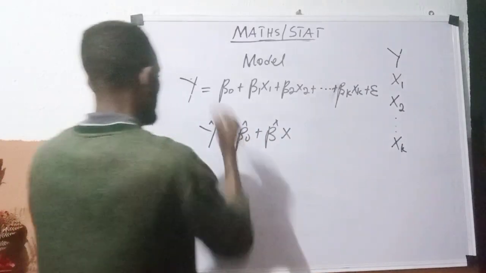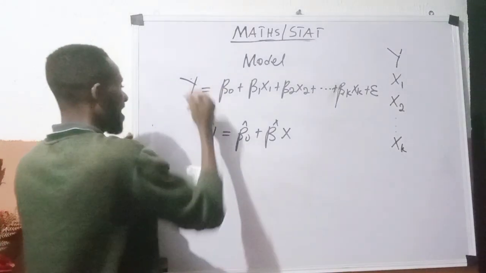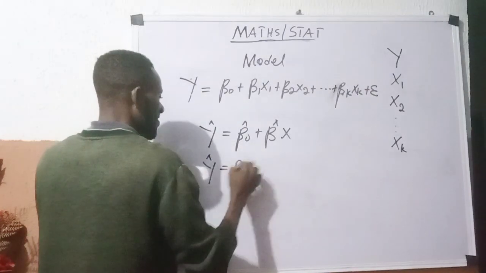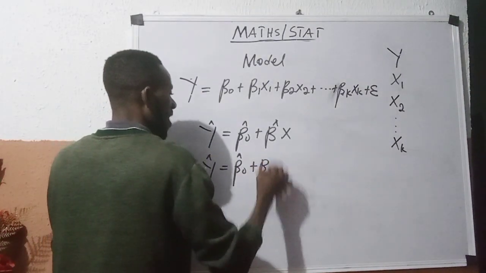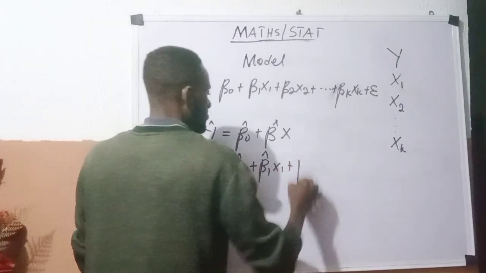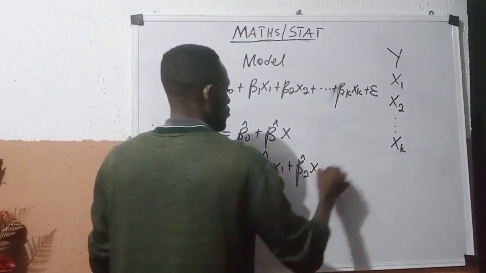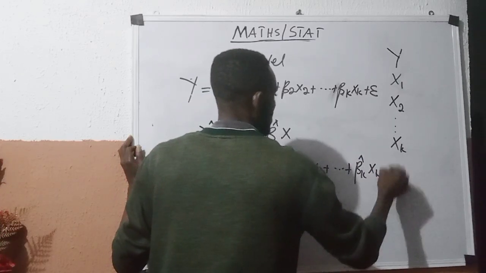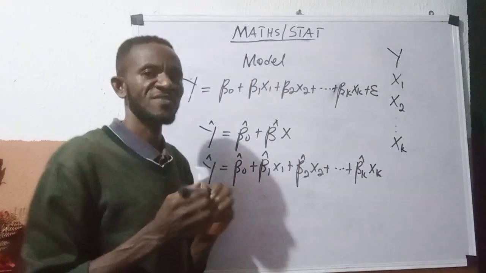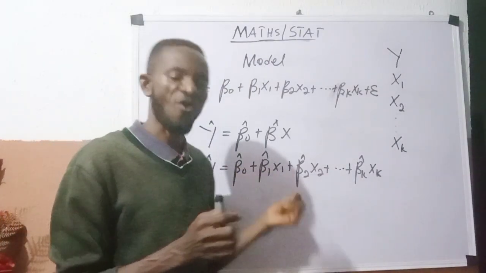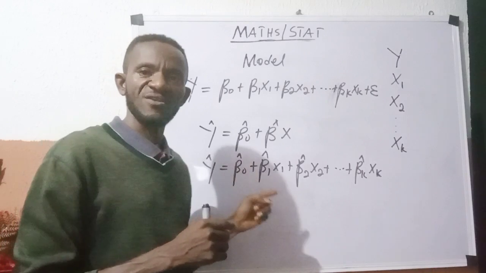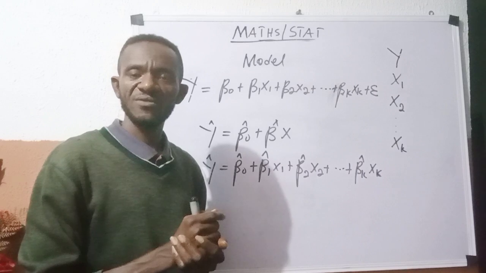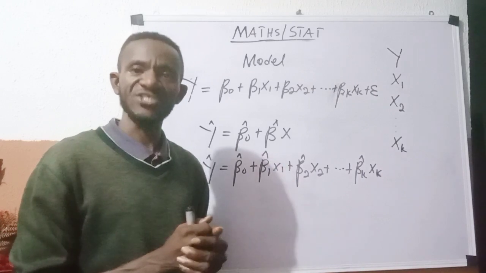The same thing applies to multiple linear regression. In multiple linear regression, we are going to have Y estimate given as beta 0 estimate plus beta 1 estimate x1 plus beta 2 estimate x2 plus up to beta k estimate xk. We no longer talk about the error term. And this becomes the equation for multiple linear regression.